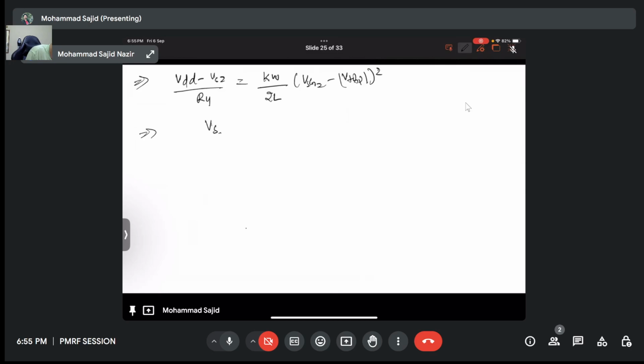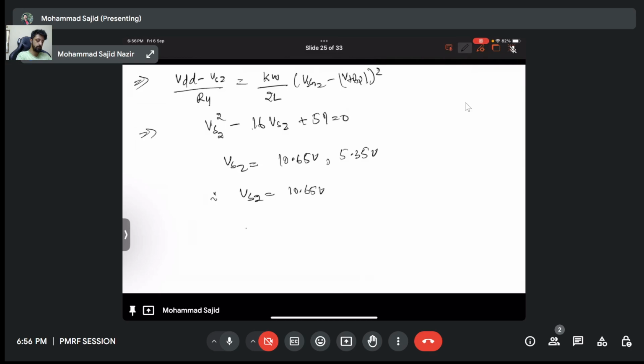Just simplifying the equations, we will get two values for VS2: 10.65 volt and 5.35, and out of which you know how to check which one is correct. You need to do that yourself.